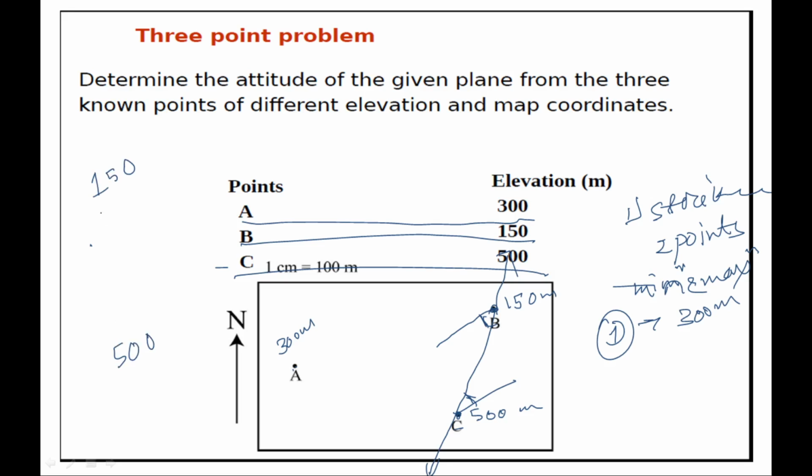Then take 50-50 difference, like 150 then 200 then 250 then 300 then 350 then 400 then 450 then 500, right? So how many points? 1 2 3 4 5 6.